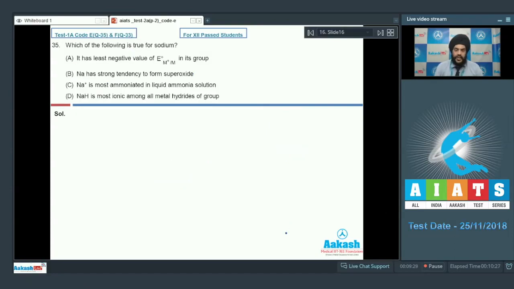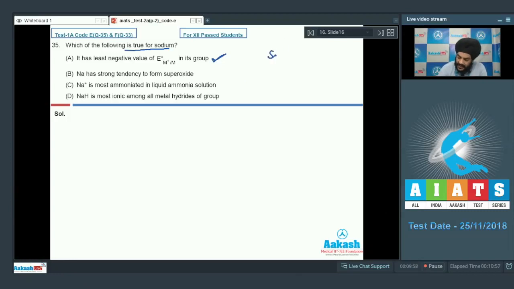Question number 35. Which of the following is true for sodium? Let us look at the first option. It has the least negative value of E0 M+/M in its group. Students, this statement is correct. So the electrode potential or the reduction potential depends upon a number of factors.